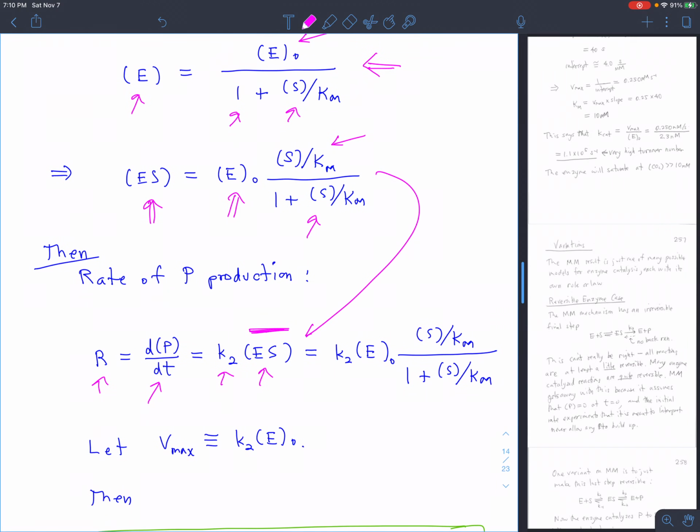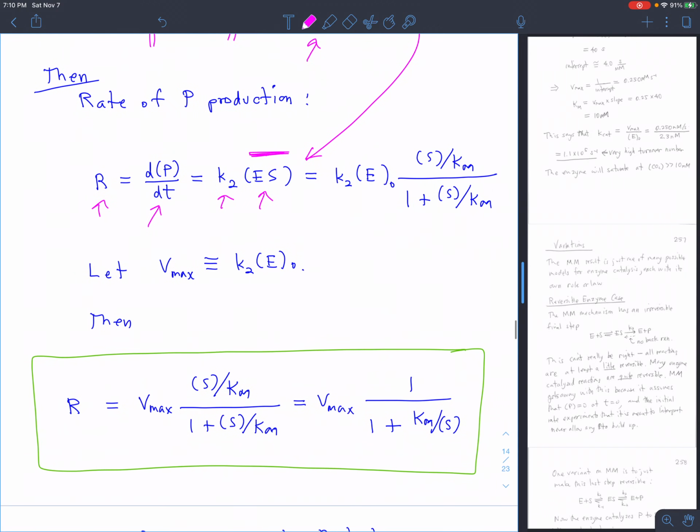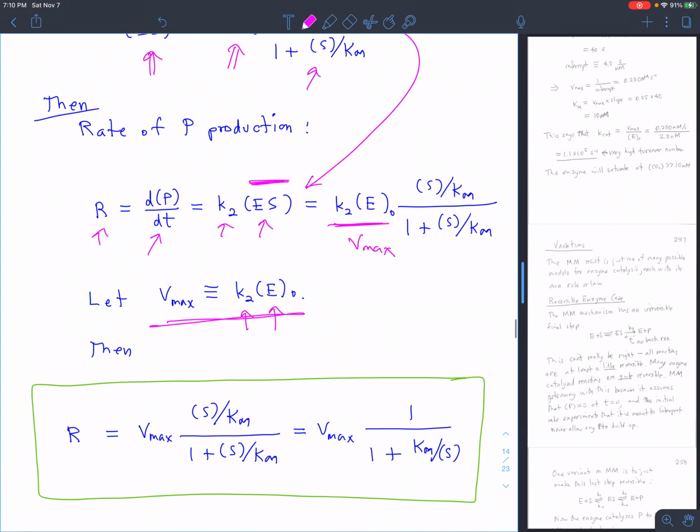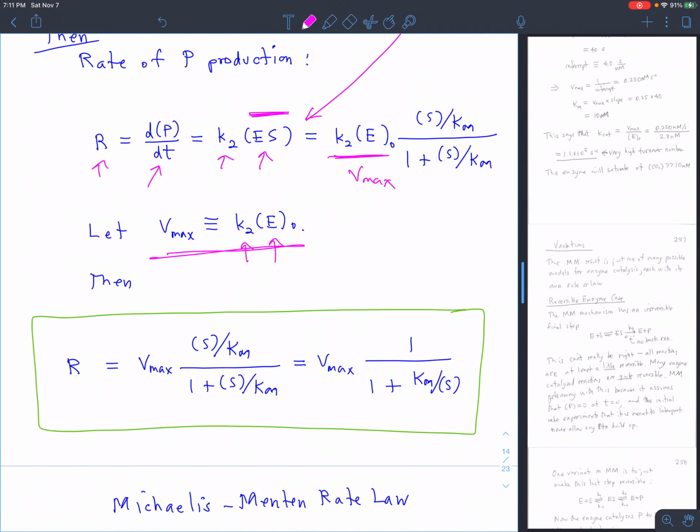Now that goes down in here, and I make another definition: I say that Vmax is equal to k2 times E0. So yeah, that's here, that's Vmax. And so, putting everything together, we get our Michaelis-Menten rate law, which says that the rate of production of product is Vmax times S over Km over 1 plus S over Km.